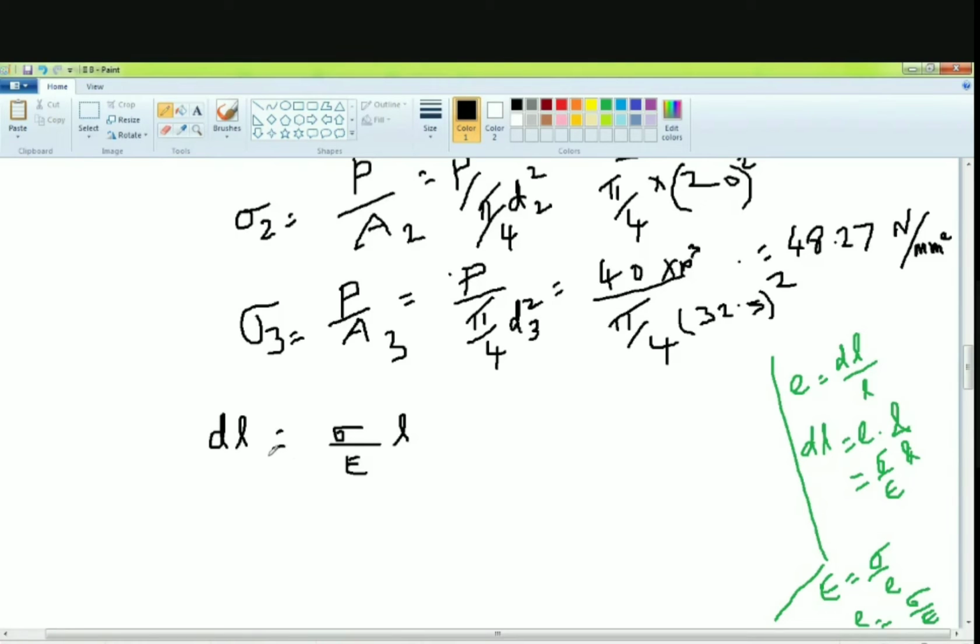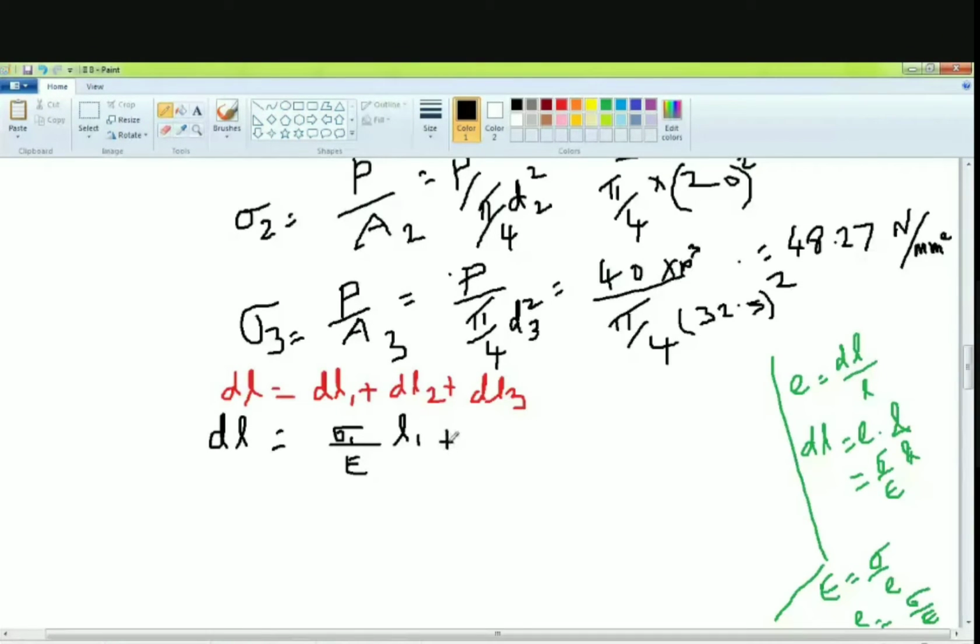Yes, sir. So here DL, I can use the red color, so the difference will be there. So DL equal to DL1 plus DL2 plus DL3, because we have three components, no? DL1 is nothing but sigma 1 L1 by E, because it is made up of a single material.